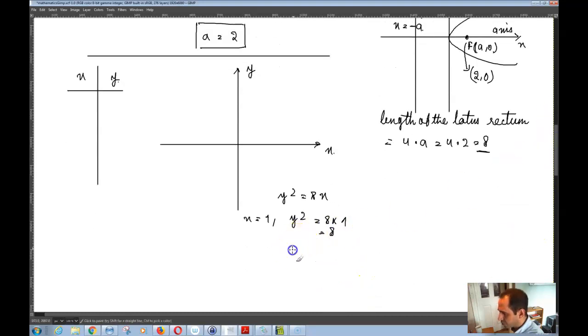Then y becomes plus or minus the square root of 8, which is, for example, plus or minus 2 square root of 2. That way you can do it.